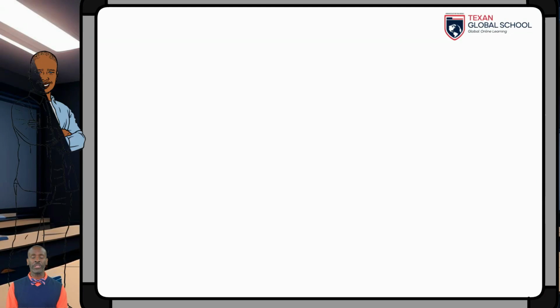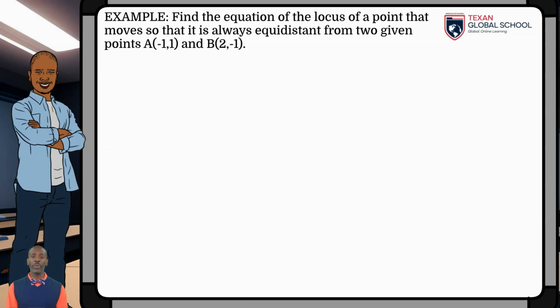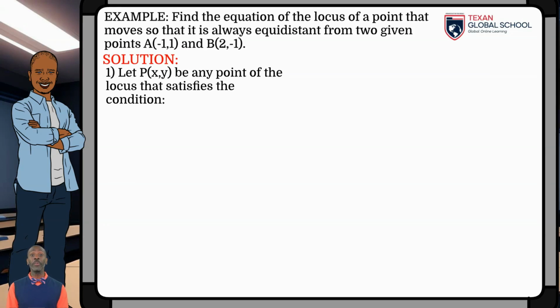Let's see a first example. Find the equation of a locus of a point that moves so that it is always equidistant from two given points, A of coordinates -1, 1, and B of coordinates 2, -1. First, define any point P with coordinates x, y of the locus.